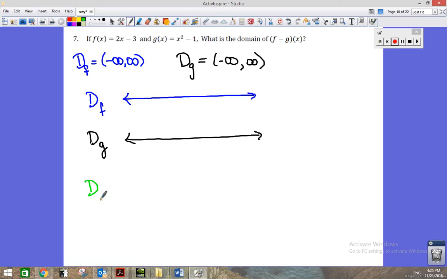We're trying to find the domain of f minus g, and we know that you find it by intersecting these two sets, and the intersection is reliant on our interpretation of the word "and": you have to be in the domain of f and you also have to be in the domain of g if you're in the domain of the intersection f minus g.